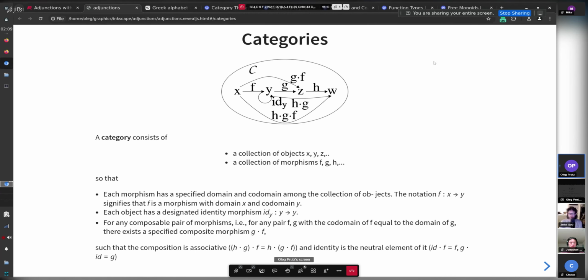So what's a category? We have objects and morphisms, in a way that you can connect the morphisms.